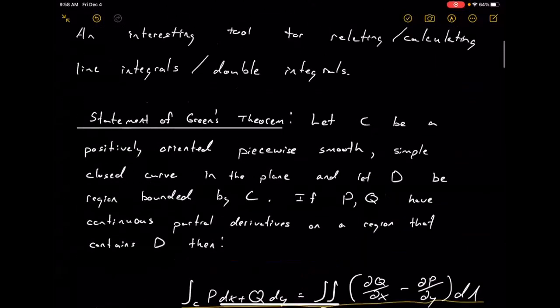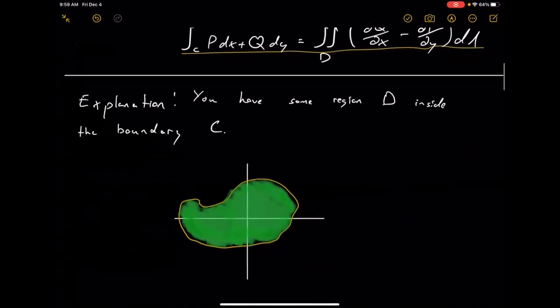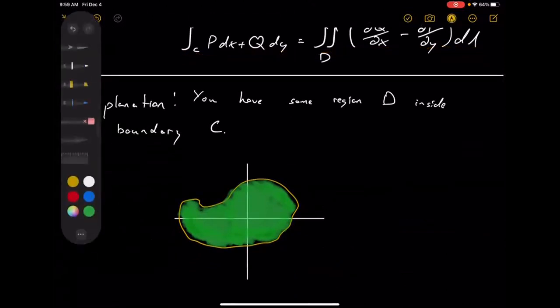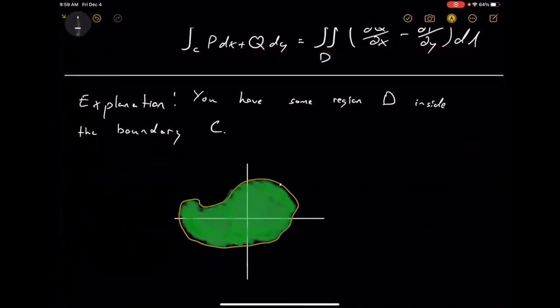What does this positively oriented, piecewise smooth, simple closed curve mean? Basically we have a closed curve, meaning it's a curve that loops back in on itself, and the starting point is the same as the end point. Let's say I start my curve here. Positively oriented means I'm going counterclockwise.